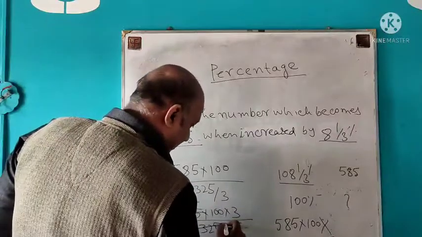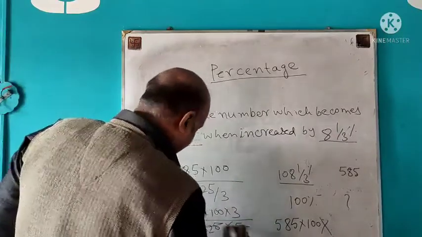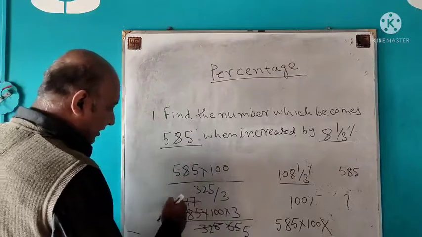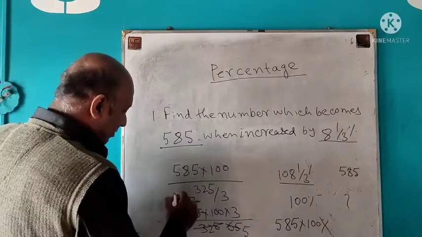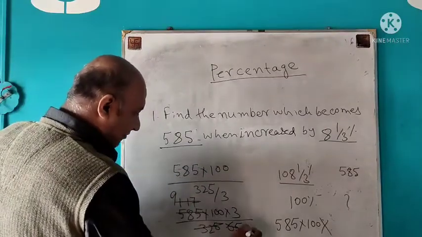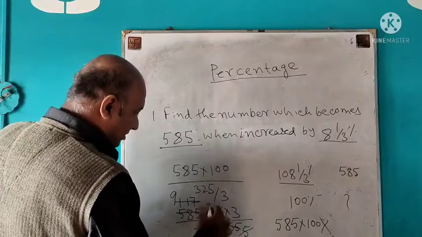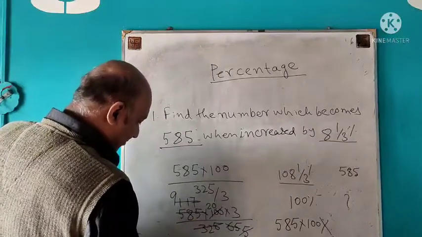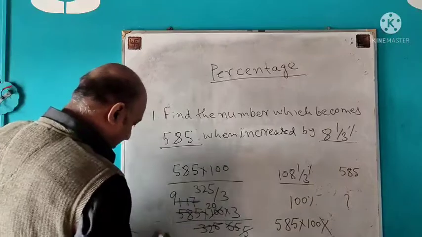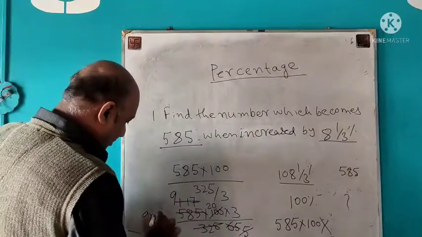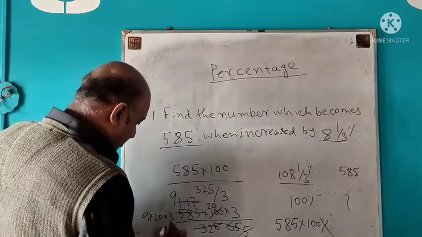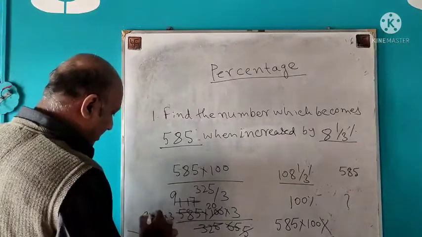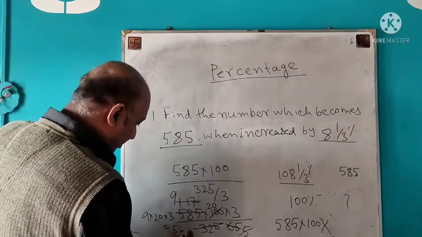Cut 65 with 13. 13 5s are 65, and 13 will divide 117 and give me the result 9, and 5 will cut 100 as 20. So we have here the value 9 into 20 into 3. That gives me 60 into 9, 540.